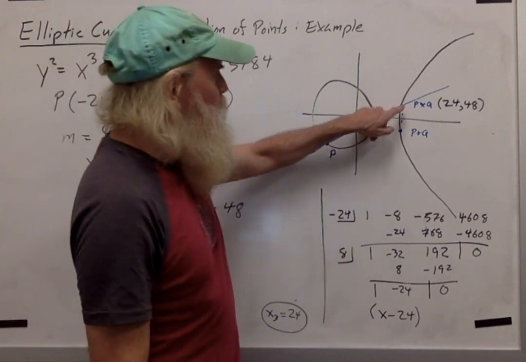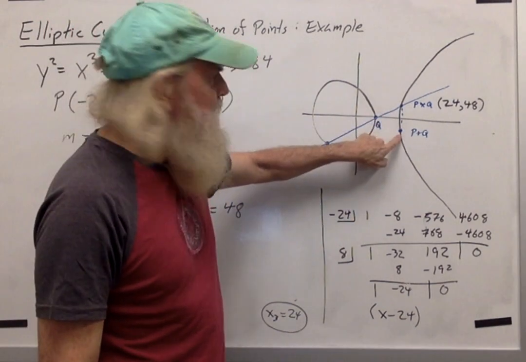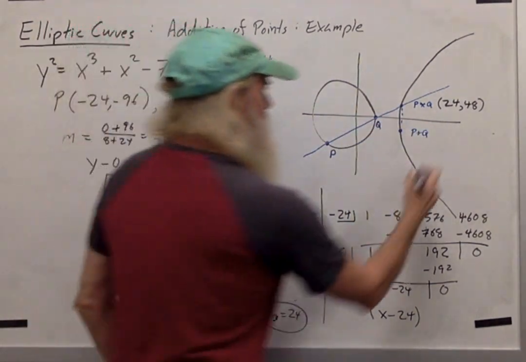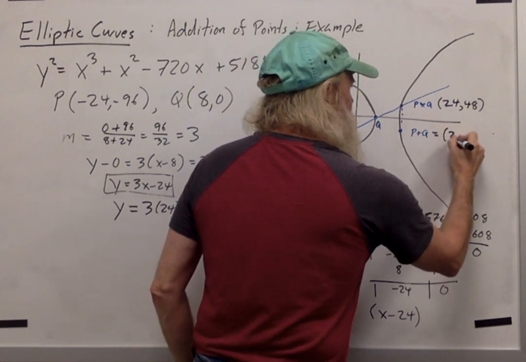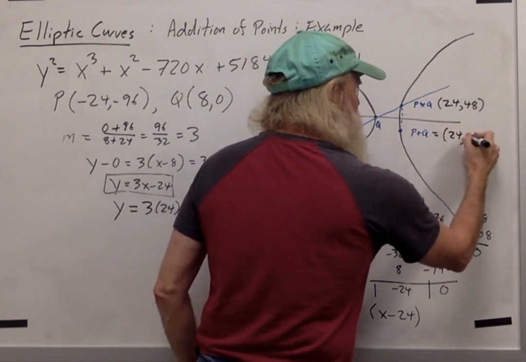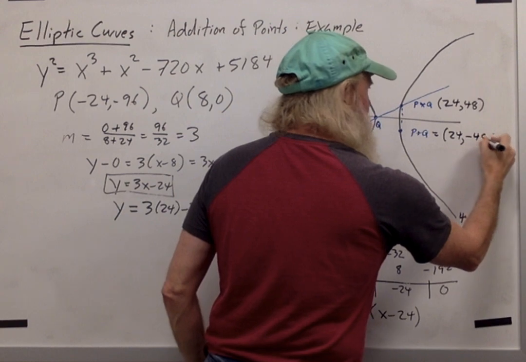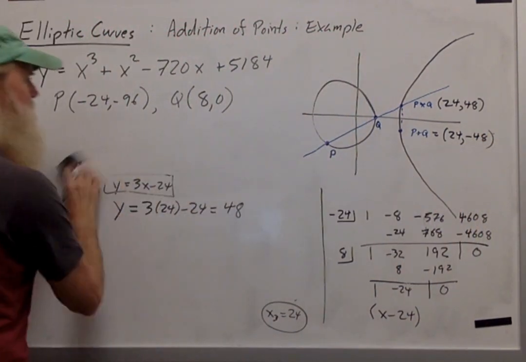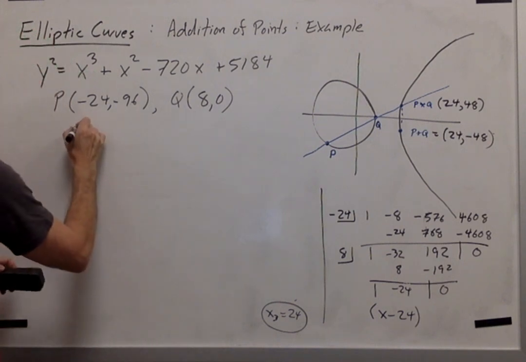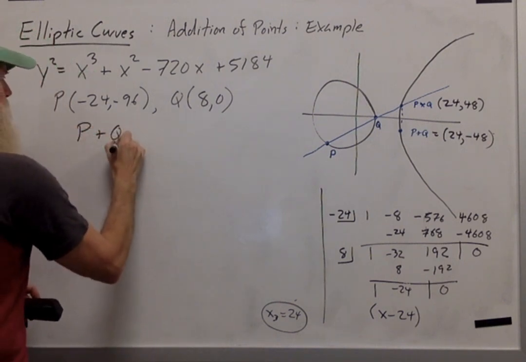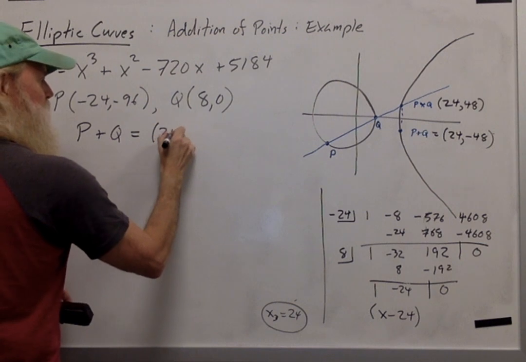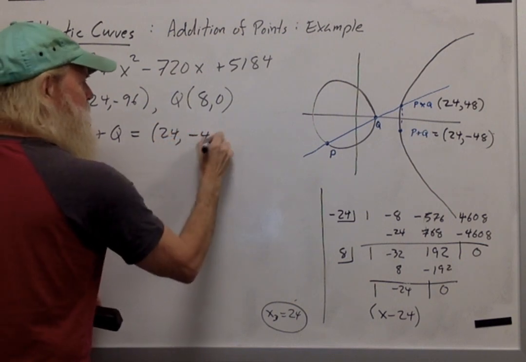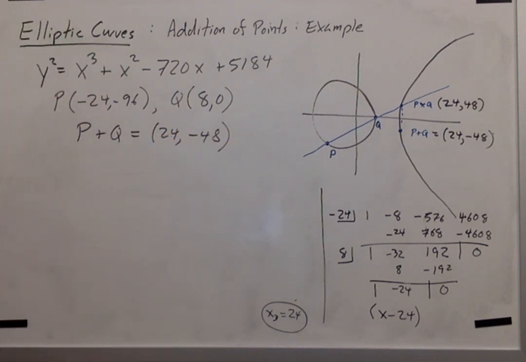And then last, we need to reflect across the x-axis, and that will give us P plus Q. So to reflect across the x-axis, we just change the sign on y. So in this example, we have that P plus Q is equal to 24, comma, negative 48.